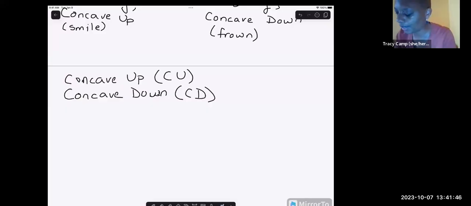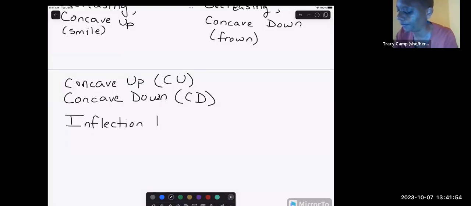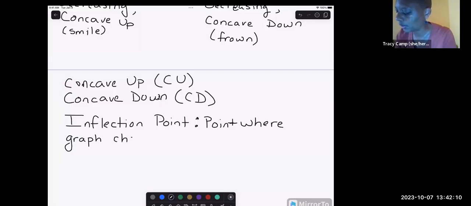So one other vocabulary word that I want to give you is this term inflection point. This is a point where a graph changes concavity.